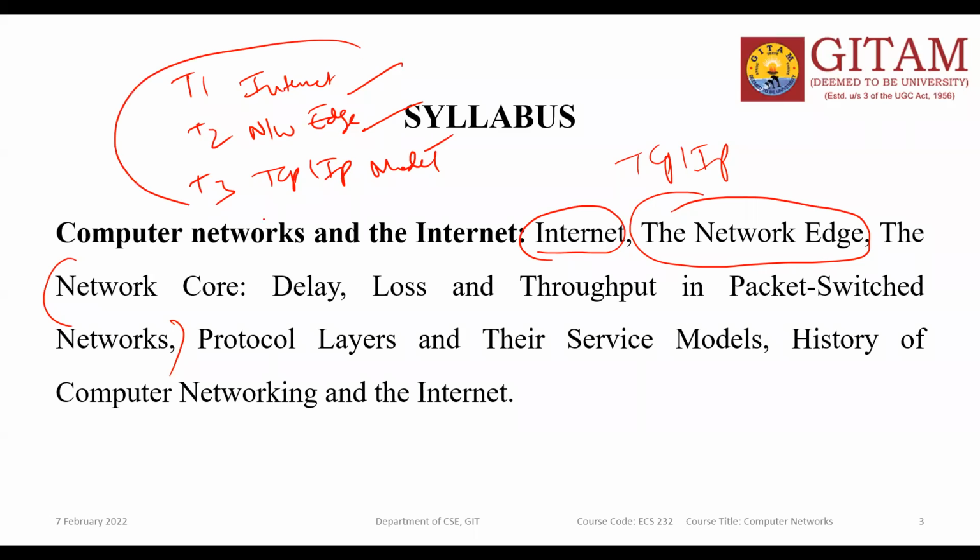Write the assignment on these 3 things. I am not going to explain anything about this because they are very basic concepts. TCP/IP model is almost the same as the ISO OSI model. So by next week, complete this task and upload it in Moodle. Tomorrow we will discuss what is packet switching and the different types of delay, loss and throughput. If that is completed, our module 1 will be complete automatically.